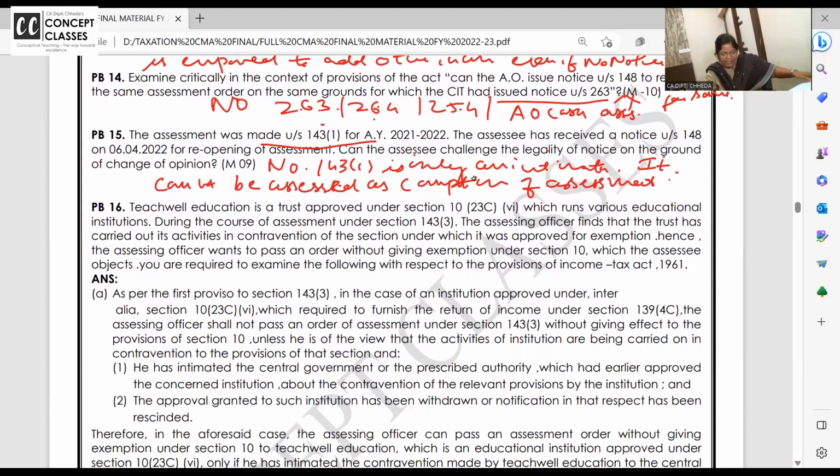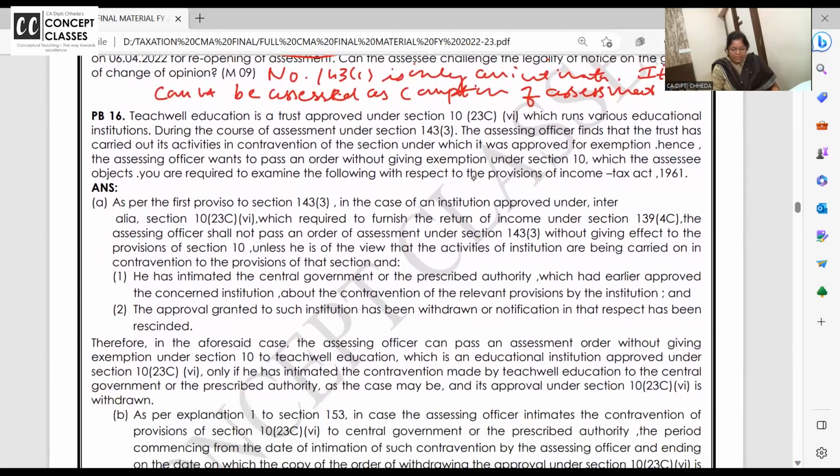Now all simple cases are there. This trust-related case has been asked once before for 6 marks and the story is very simple. I'll tell you. What are we doing? If we are talking about assessment, then ma'am, the routine assessee's assessment will happen and the trust's assessment will also happen. Now when the trust's assessment happens, listen all of you, we came to know that the trust is not working for the object of the trust.